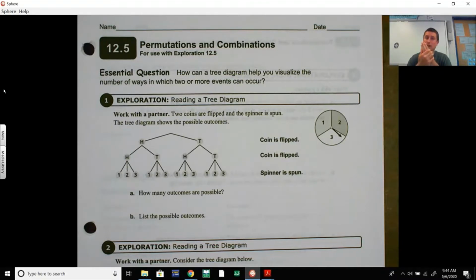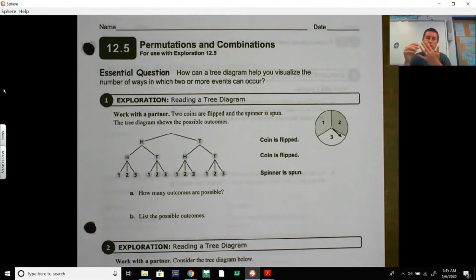Permutation, think of like a perm. If you ever get a perm, it's permanent. So permutation, the order does matter. So if you're picking teams for a basketball or starters for something like that, how many different ways can 5 starters come off the bench? Well, if you have 5 starters, the order in which you come off the bench would matter if that's important to you.